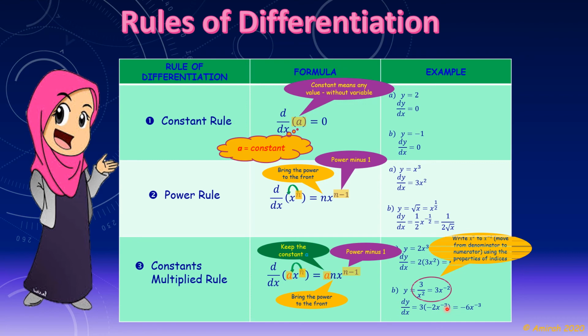What we do is we just keep the constant 3 at the front, and then we move negative 2 from the original power to the front, and we deduct 1 from the original power, so we have negative 3. And after we simplify, we have negative 6x to the power of negative 3.